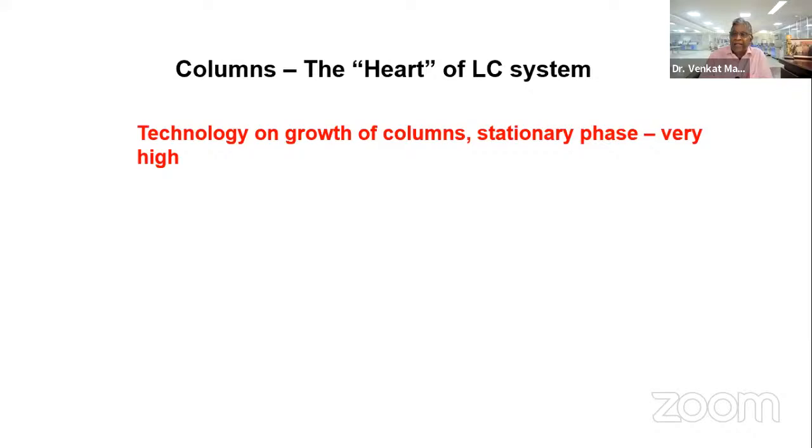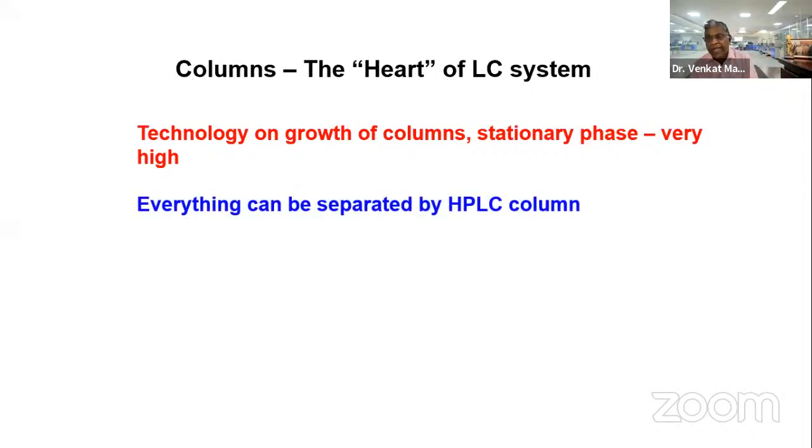If you understand how such an interaction helps you to separate the constituents in an analyte, then it is possible for us to provide an excellent solution to separate all kinds of components present in your sample. Further, today HPLC columns are available to separate everything that you want to separate.